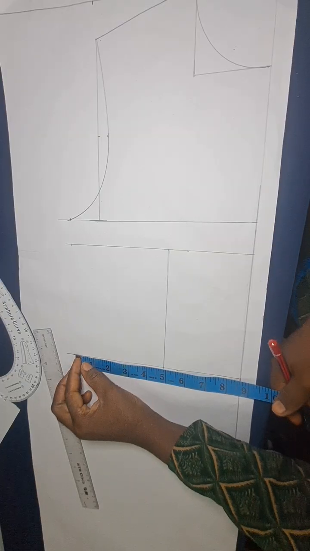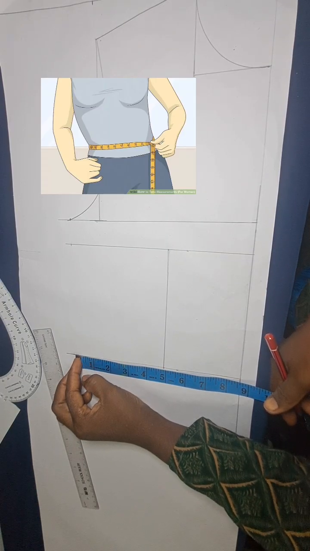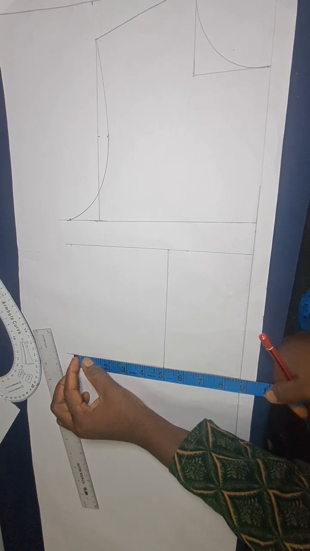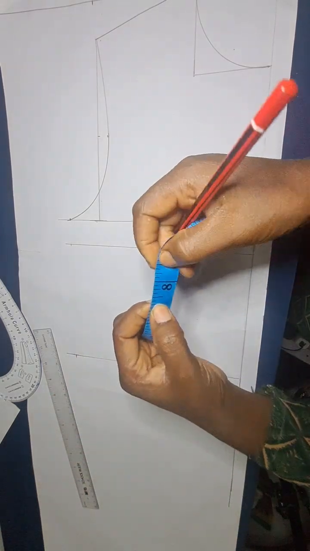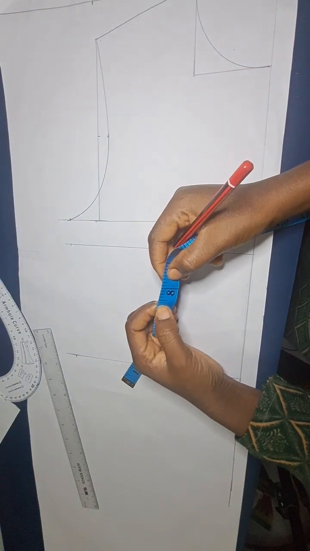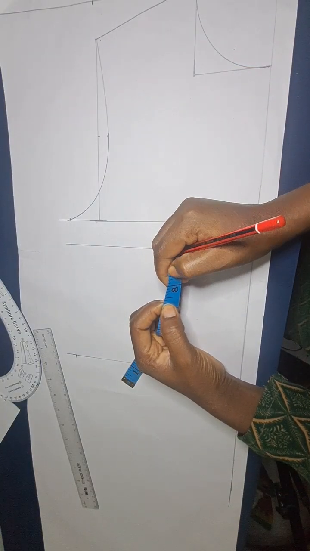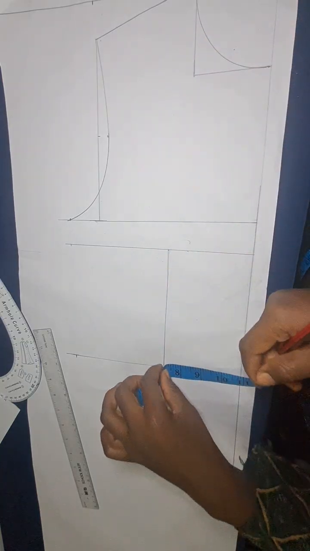Now my waist is 29. 29 divided by 4 is going to be 7.2. So the difference between my bust and my waist is 1.2. So I'll be using the 1.2 for the dart.